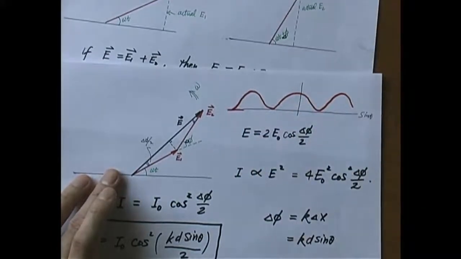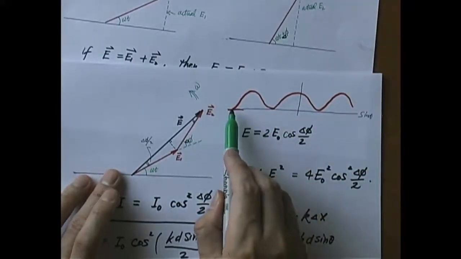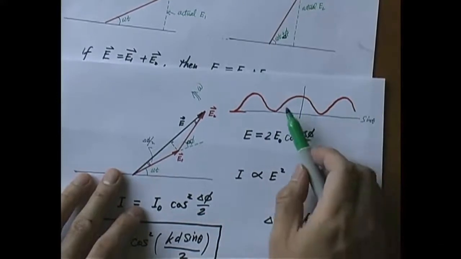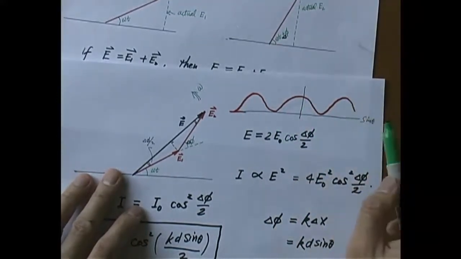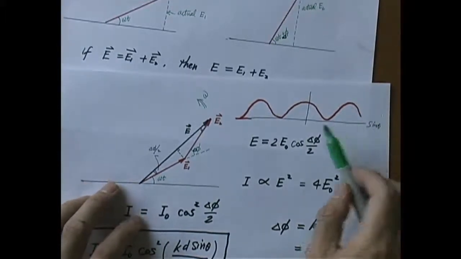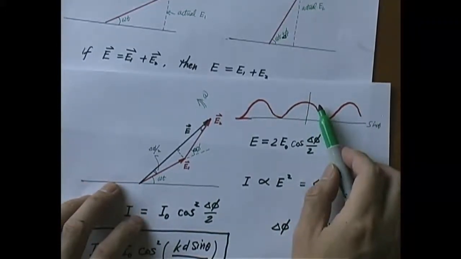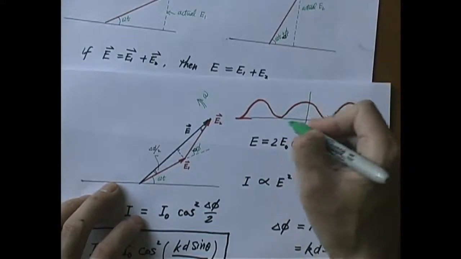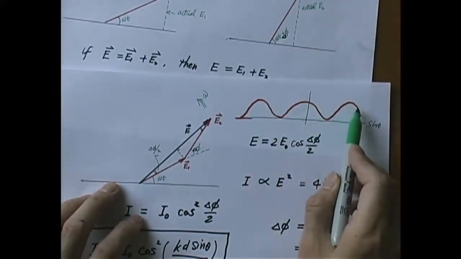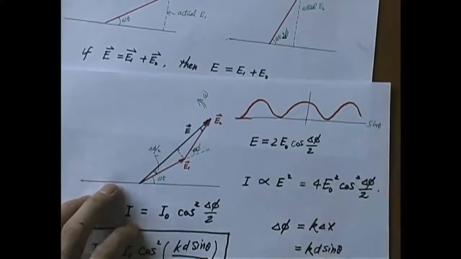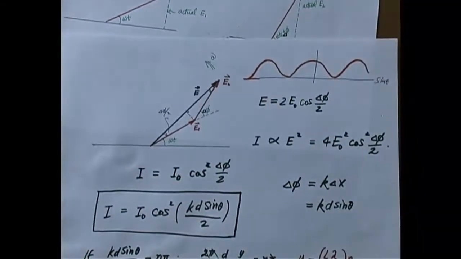As you look at the intensity distribution on the screen, you're going to see a broad bright peak, and there's a 0 here, and there's another broad bright peak, and so on. So the bright peaks are quite broad, and they're not all that sharp. It's pretty broad here, pretty broad here, and here is dark, dark, and dark. Overall it's a cosine squared function. That's something good to know.